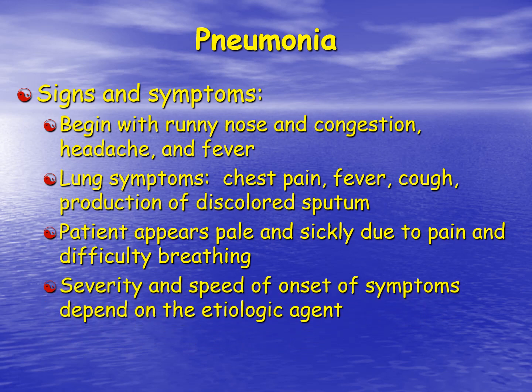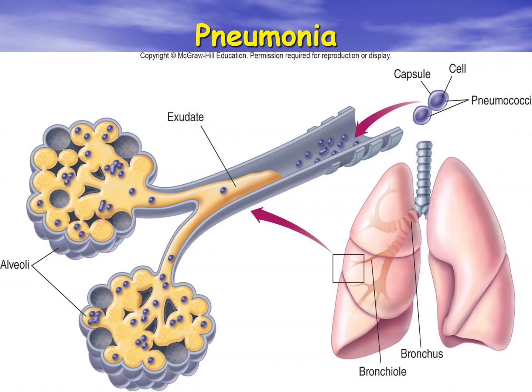Severity and speed of onset of symptoms depends on what the etiological agent actually is. Again, we produce huge amounts of exudate, and that's the liquid that's filling the alveolar spaces. So we can't move air into the alveoli, or if we can get it down into the alveolar sacs, oftentimes the alveoli themselves are completely filled in with fluid.